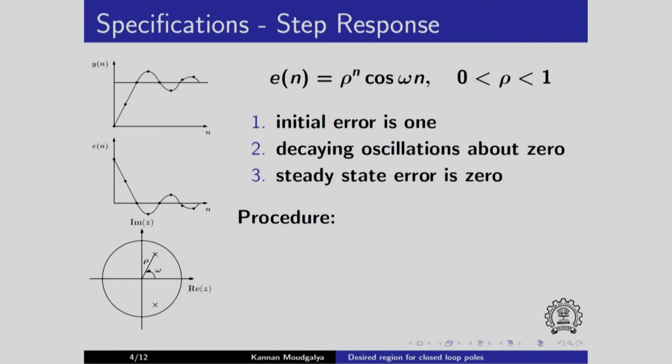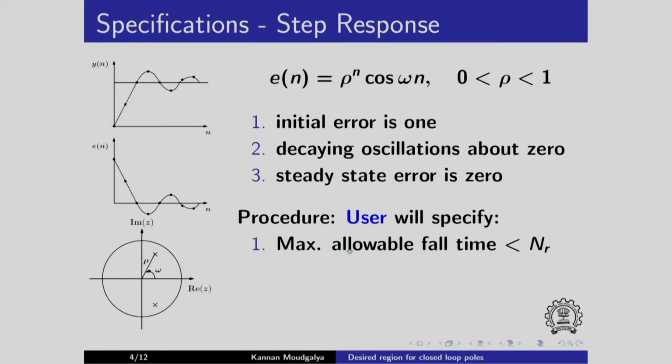So what is the procedure? The user will specify maximum allowable fall time, that is how long it can take to reach this point, that it should be less than so many samples nr, and maximum allowable undershoot, which is this distance, should be less than epsilon.